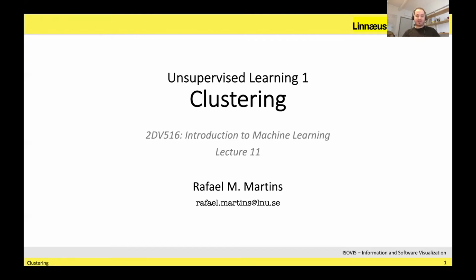Good morning, everyone. Today is our first unsupervised learning lecture on clustering. It's the first of two. We have two unsupervised learning lectures, one on clustering and the other on dimensionality reduction. They are the two main types of unsupervised learning, and they are the two types that we will look at in the course.